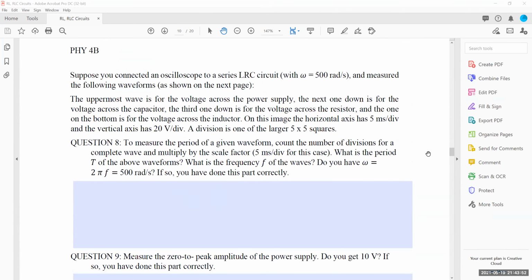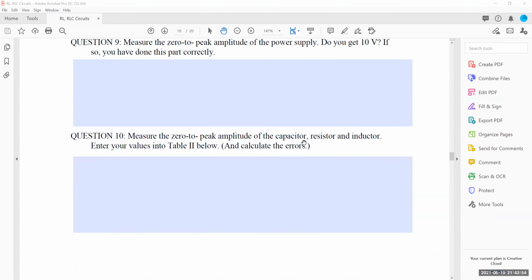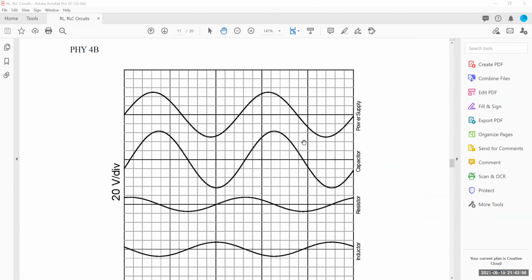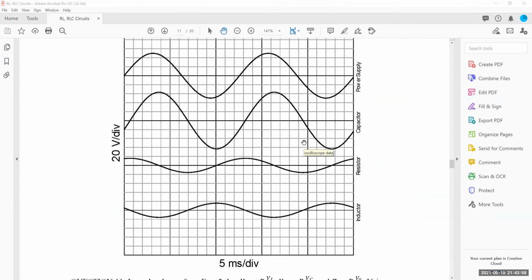Question 8. Basically, you're given this data now. So imagine that this is from an oscilloscope, and you are at resonance. This is the voltage across the inductor. These divisions in here, they're telling you 20 volts per division.